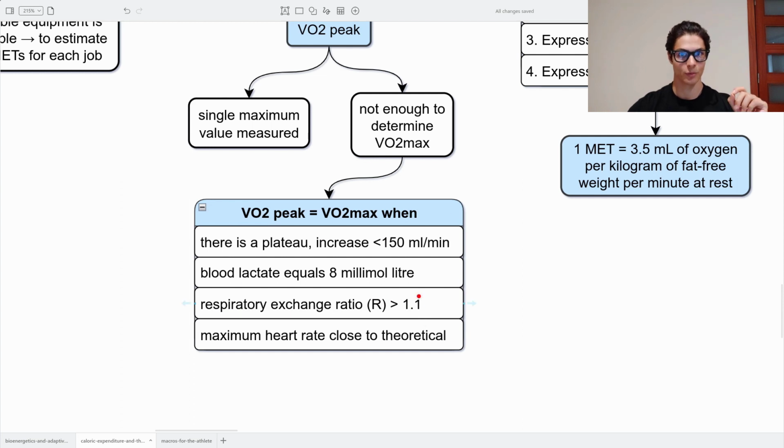Do you remember that 1 equals 100% glucose? Then chances are 1.1 is more than enough to determine that VO2 peak equals VO2 max. And also when the maximum heart rate is close to the theoretical maximum heart rate. We all know that famous formula: 220 minus your age.